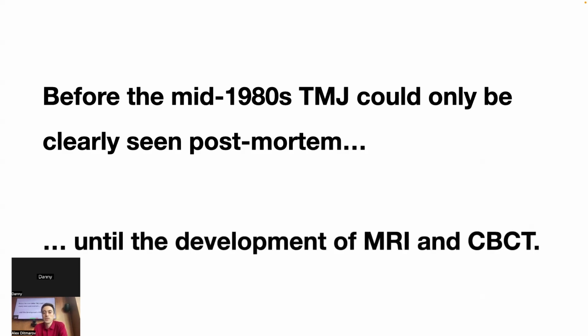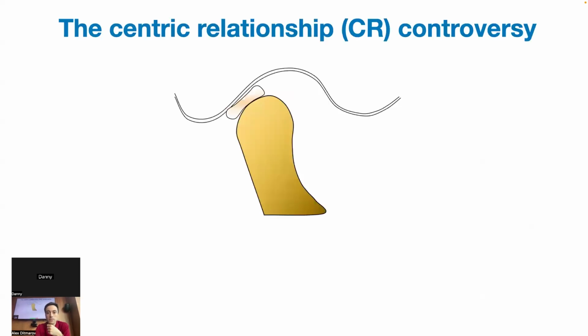Well, simply because before that time, MRI and CBCT technologies were not that developed, and only after mid-80s we started to look at TMJ on MRI, on CBCT. Before that, it was not possible, so we didn't see TMJ structures clearly, right? But we, or dentists, speculated on these structures, despite the fact they were not able to see the condyle.